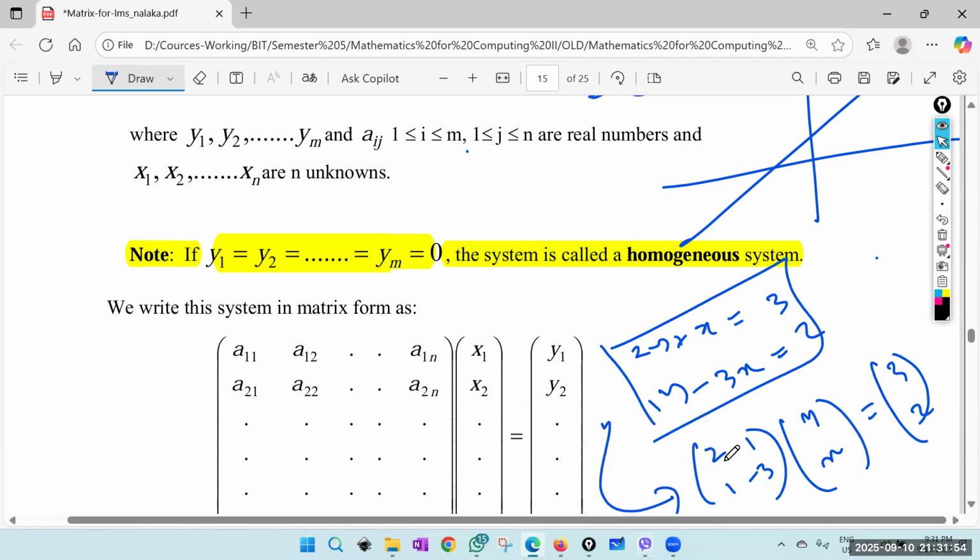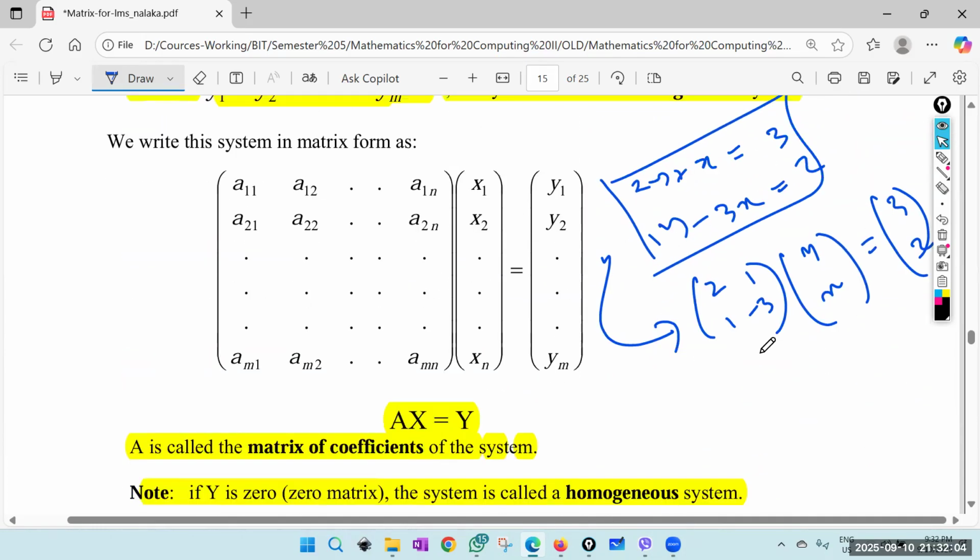Why? Because when you multiply 2y plus x, remember 2y plus x, if you multiply this matrix multiplication, this is a 2 by 2 matrix, this is a 2 by 1 matrix, you can multiply because these are the same. So multiply 2 into y plus 1 into x, 2y plus x.